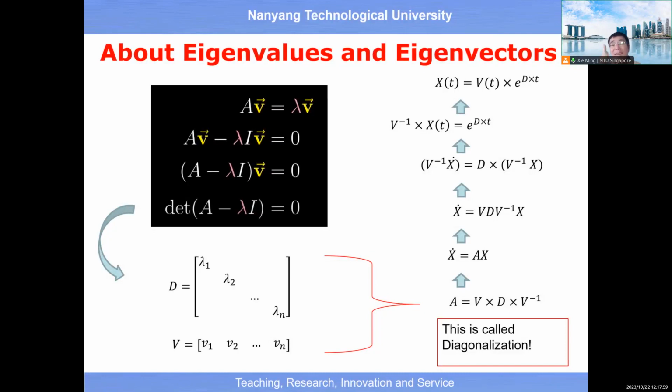Then any matrix A can be written in the form of A equals V times D times V inverse, right? So this is the decomposition of any matrix into a diagonal matrix together with two other matrices. One of them is the inverse of V, another is V itself, right? So D is a diagonal matrix, okay?